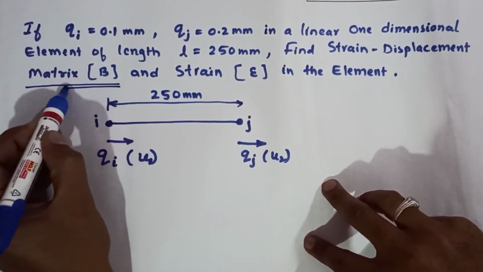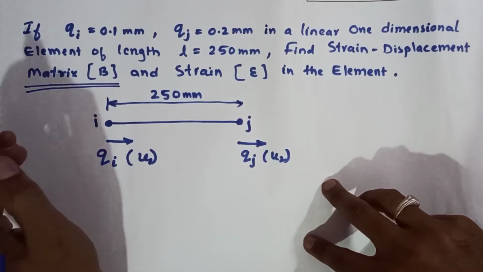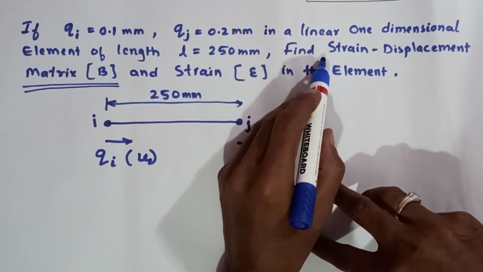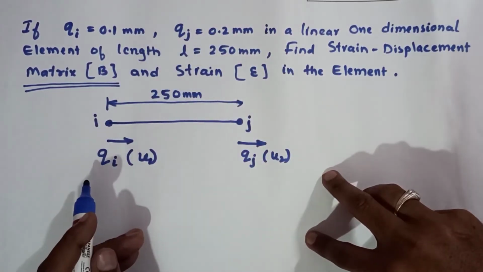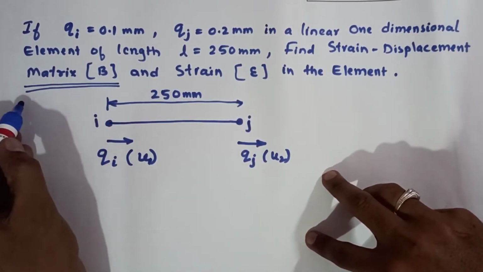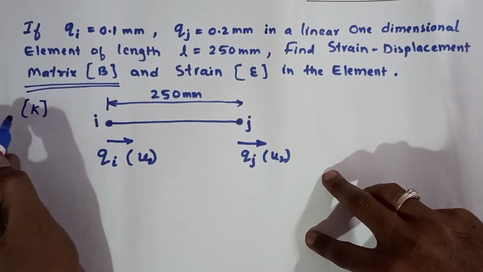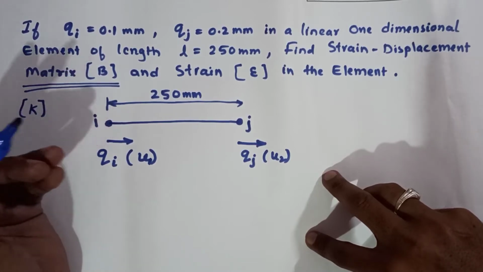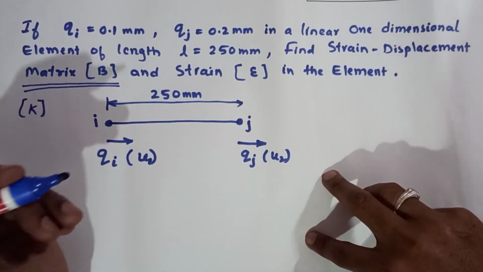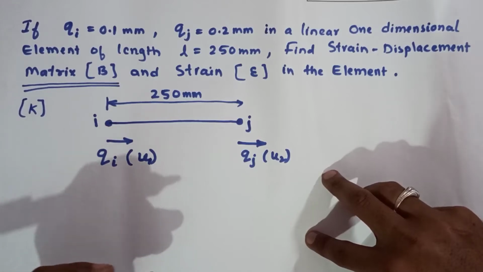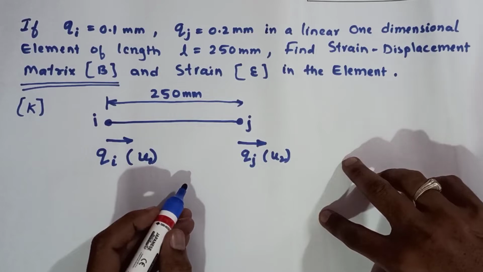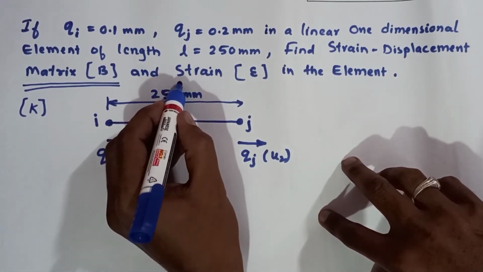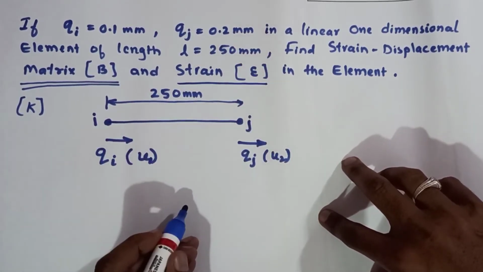Generally in the FEM subject, very rarely will they ask to calculate the strain displacement matrix for a one-dimensional element. Generally they ask to calculate the stiffness matrix or the displacement. But it's a short question, so you have to use tricks to calculate the strain displacement matrix, and also the strain.